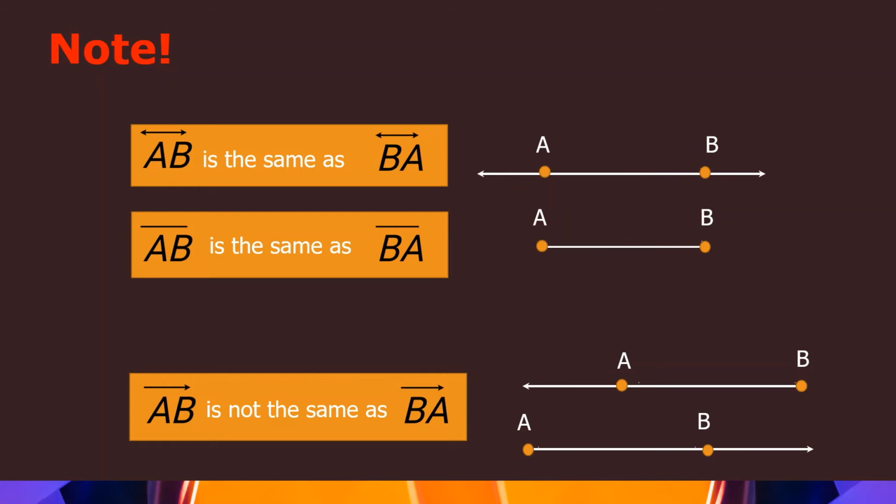Halimbawa, ito yung ray AB, nag-umpisa sa point A, patungo doon sa arrow. Yun ang ray AB. And then for the ray BA, ito yung kanyang initial point, kaya mauuna nating ilalagay yung B. So this is ray BA, papunta doon sa arrow na yon.